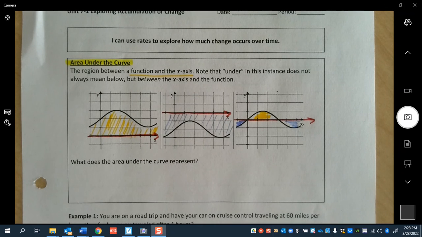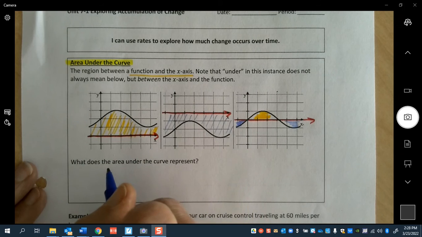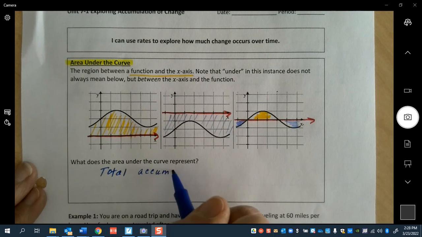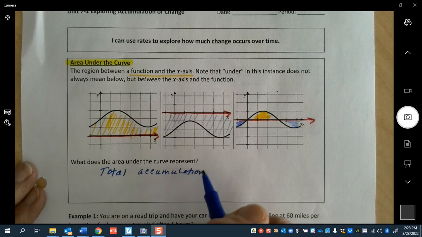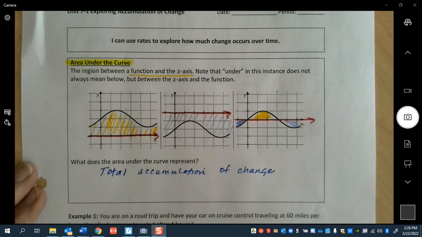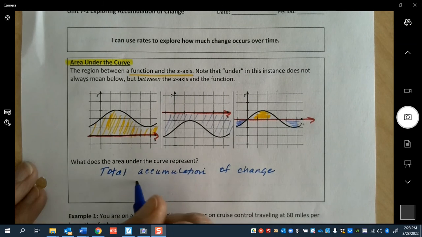So that area under the curve is going to represent our total accumulation of change.